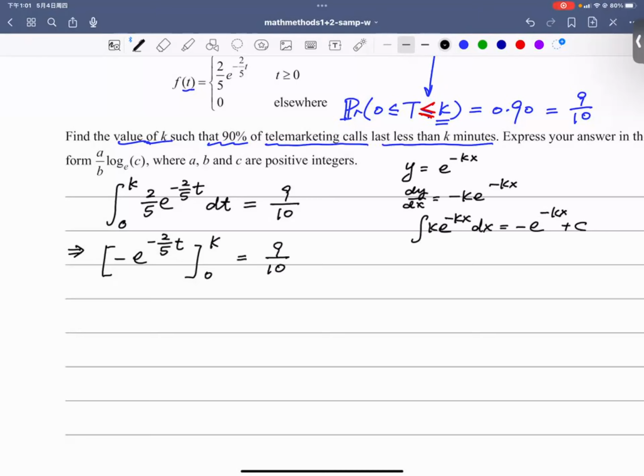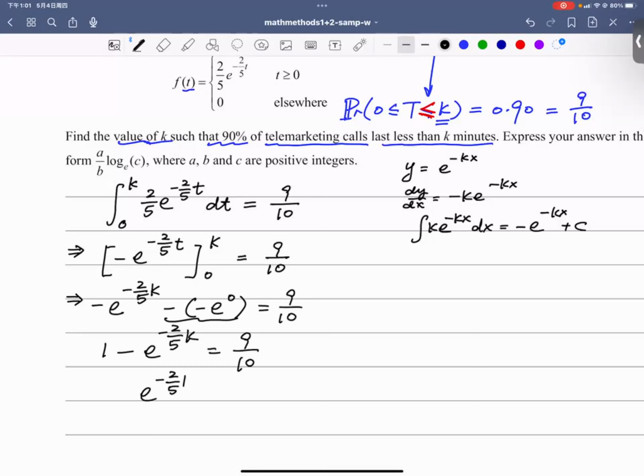Remember, the right-hand side is 9 over 10. Then you sub in the values, for instance, minus e to the minus 2 over 5 k, minus bracket minus e to the power 0, equals 9 over 10. So 1 minus e to the minus 2 over 5 k. This is 1, okay? Equals 9 over 10. Therefore, e to the minus 2 over 5 k equals 1 over 10.